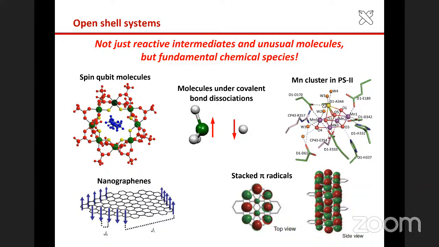And also covalent bond dissociation generates some biradical states. There are many transition metals which have open-shell character, and they are very important in biosystems. And also some materials like nanographene have some biradical character at the zigzag edge.